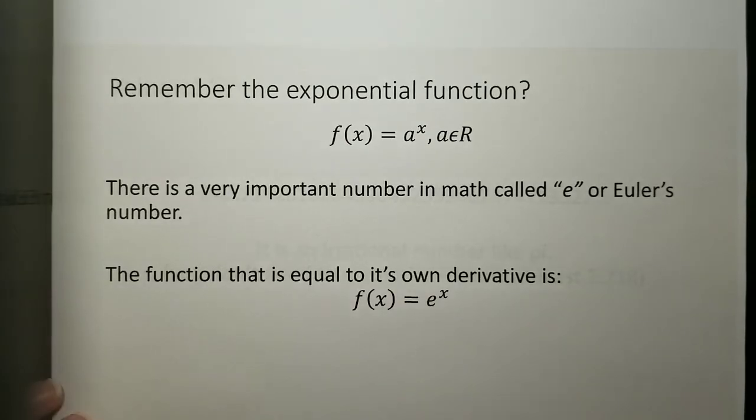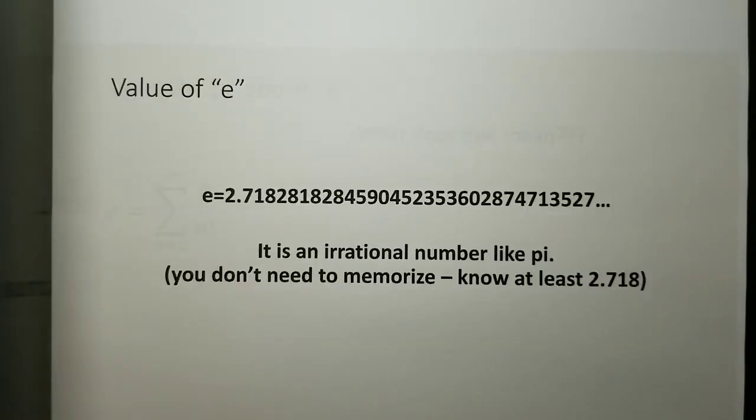So that's the first thing that you guys probably would have seen with this e, or Euler's number, that it comes up because it is really important, because it helps us find derivatives of exponential functions, because it has that very unique special property where the function itself is equal to its own derivative.